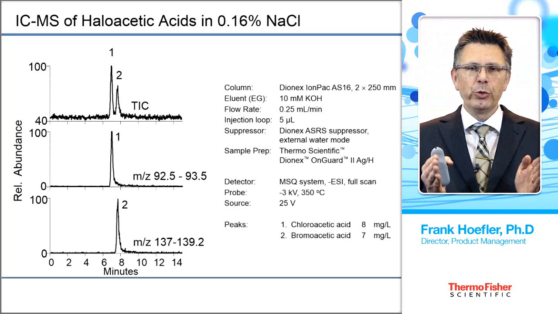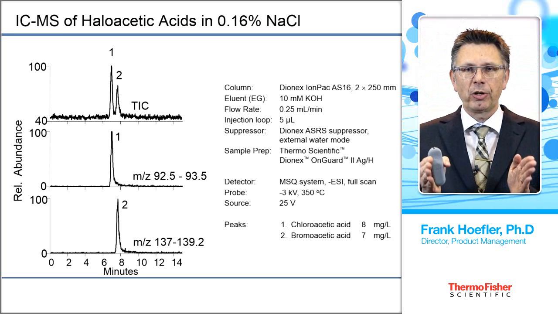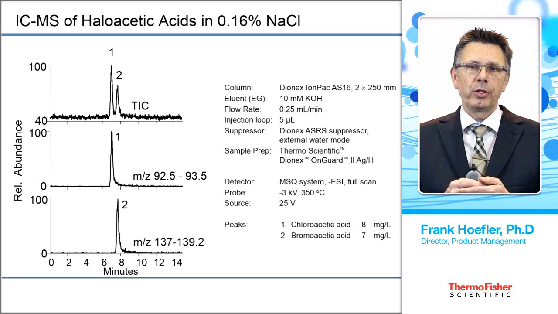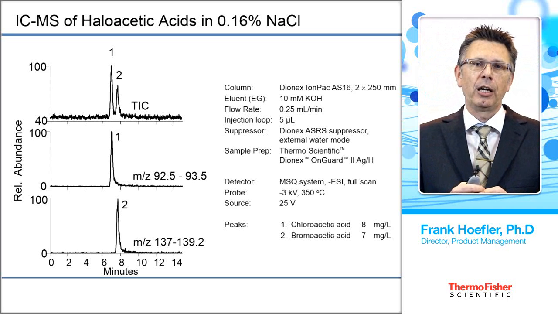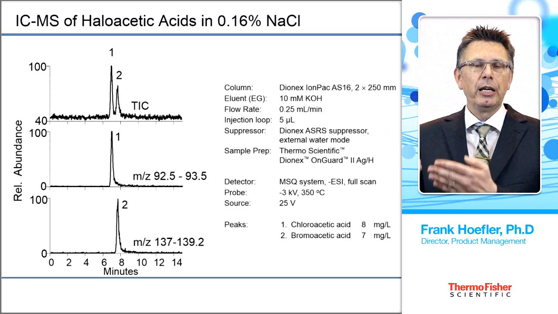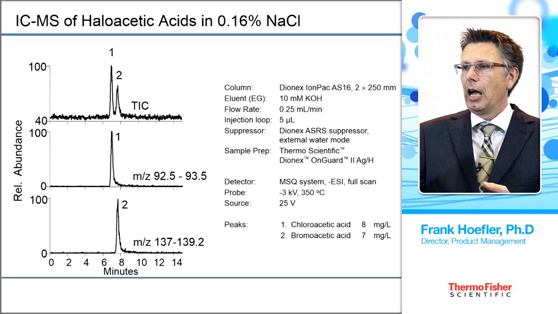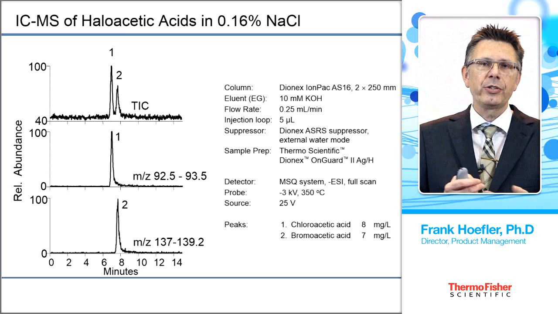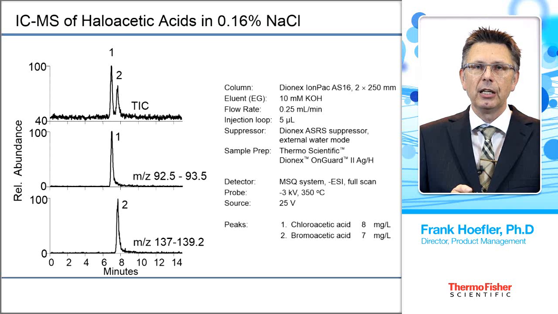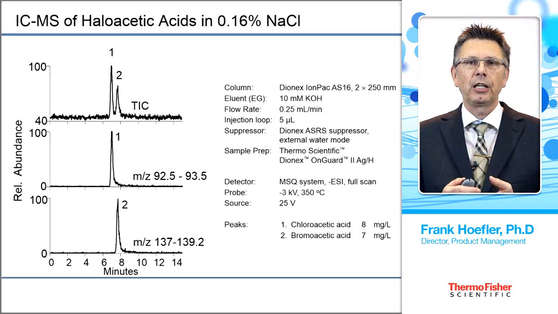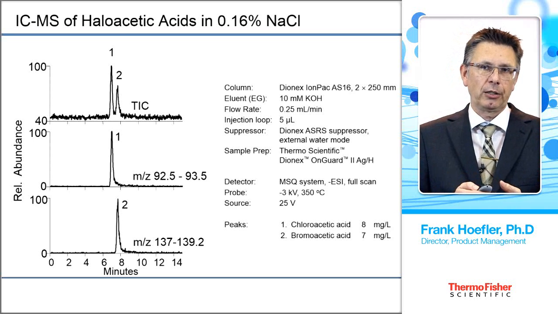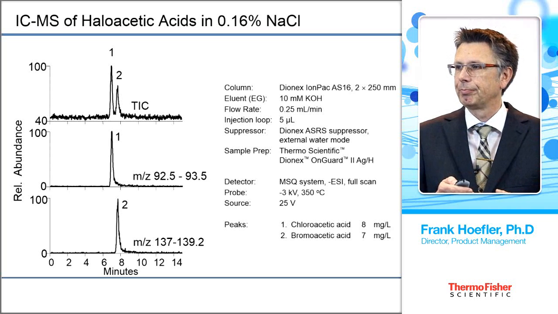We used the mass spec and looked only at the mass to charge ratios in the area of interest. So we are not detecting chloride here at all. It's invisible in this experimental setup, and really gives us a very high sensitivity and selectivity. If we would have used conductivity detection, we would have probably only detected chloride for that example.